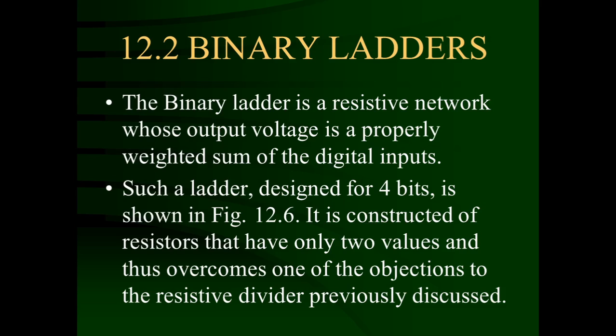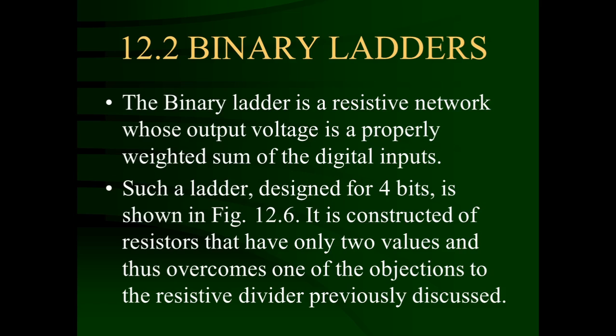Such a ladder designed for 4 bits is shown in figure 12.6. It is constructed of resistors that have only two values and thus overcomes one of the objections to the resistive divider previously discussed. That means we don't require many values of resistance, but only two different values of resistance, used in many resistors.